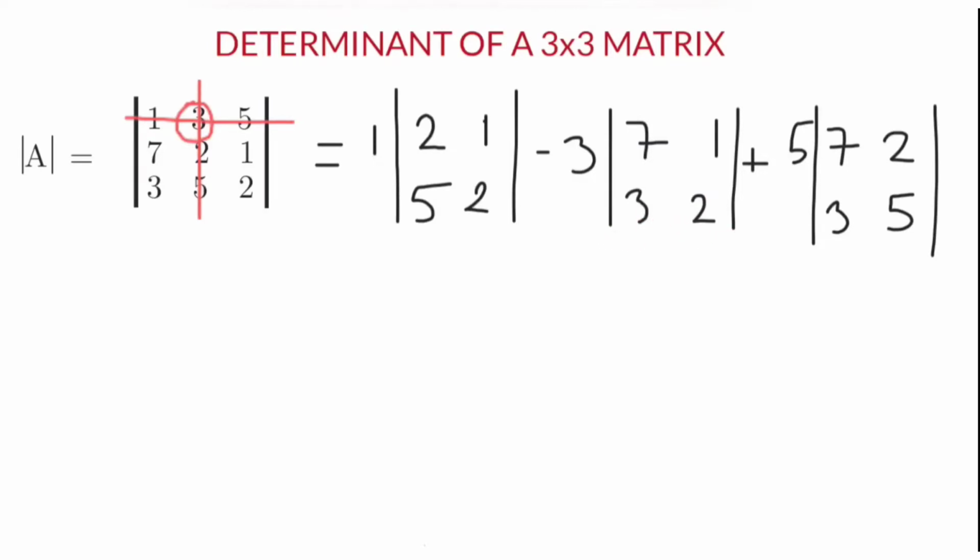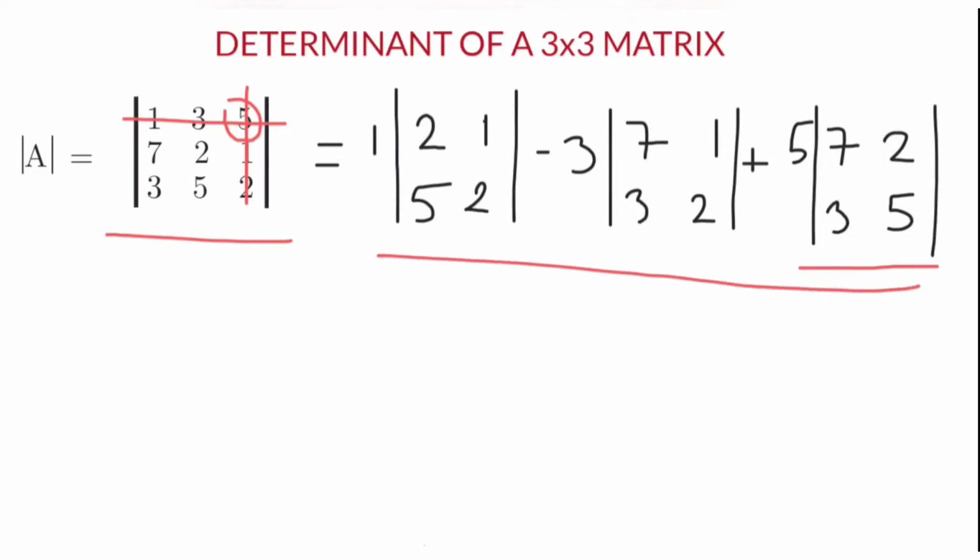And lastly, in this first row we have this element 5. So for that element we cancel out this first row and this third column, and the remaining elements 7 2 3 and 5 make up the determinant of order 2. In this way we can break up this determinant of a 3 by 3 matrix into a form that contains determinants of smaller order, that is 2 by 2 determinants.